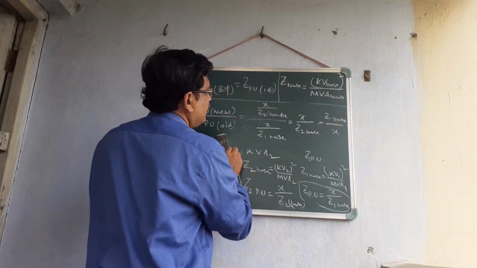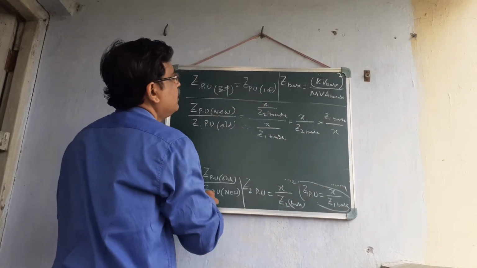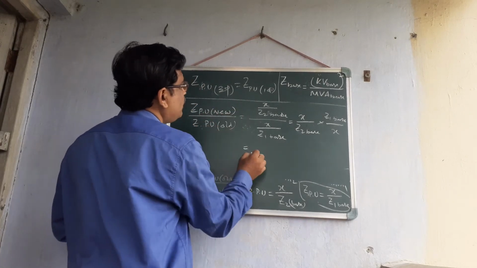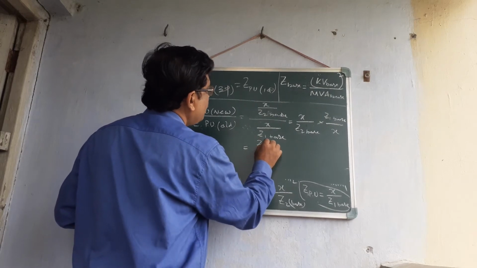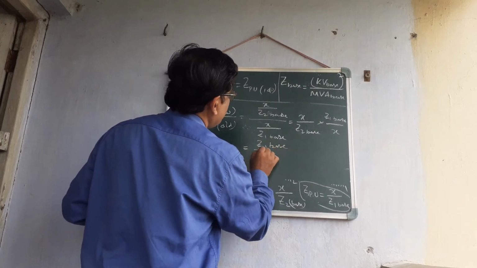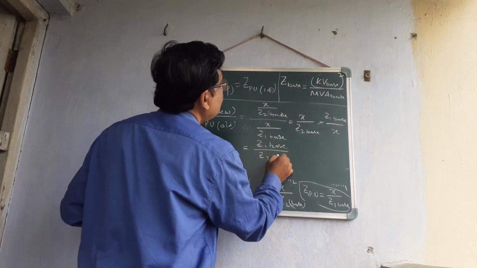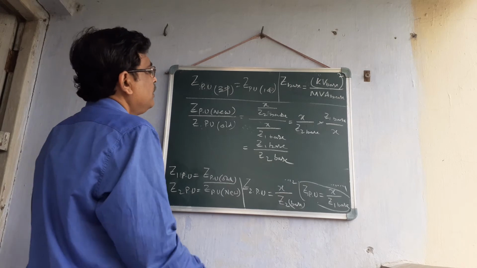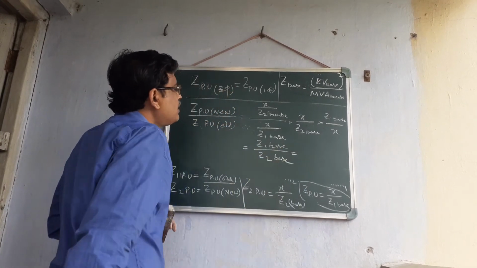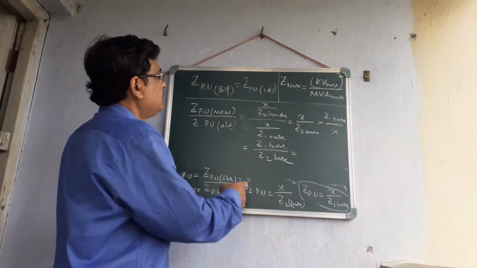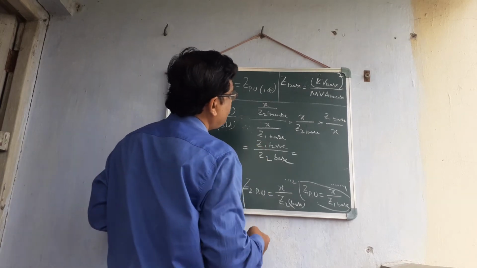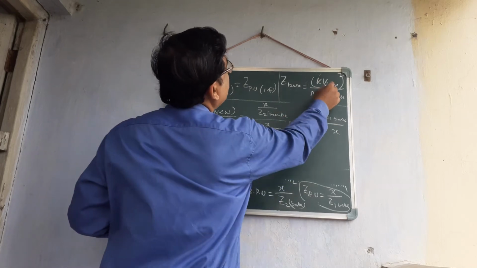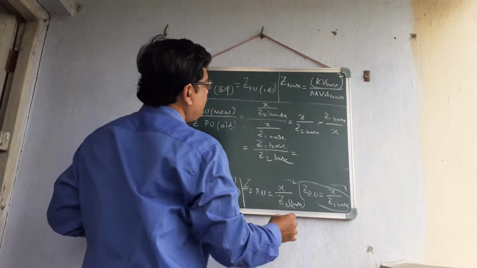So Z per unit new by Z per unit old is equal to Z1 base by Z2 base. Now Z1 base means Z base. Z base formula is equal to kV base square by MVA base.